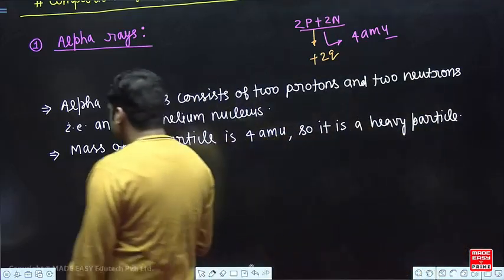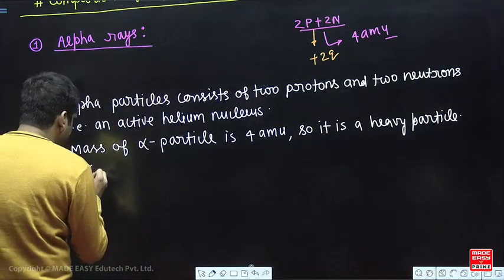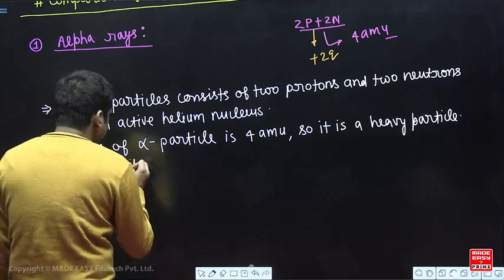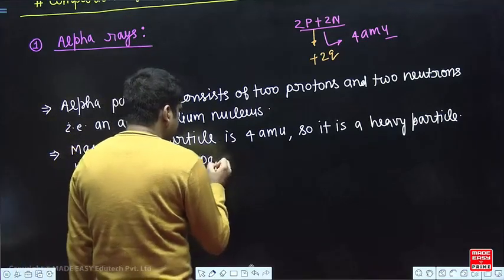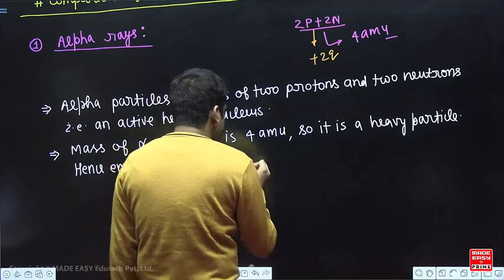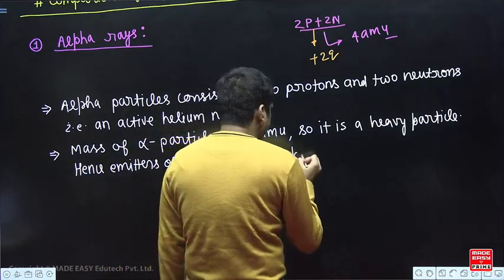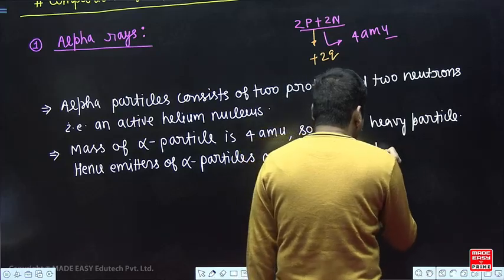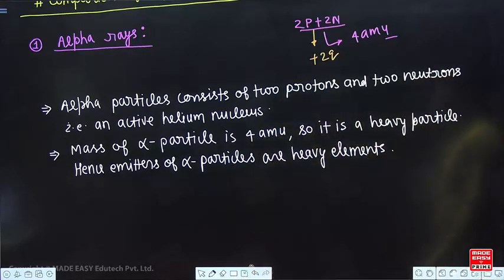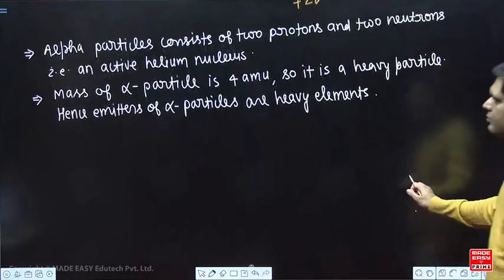Hence, emitters of alpha particles are heavy elements.